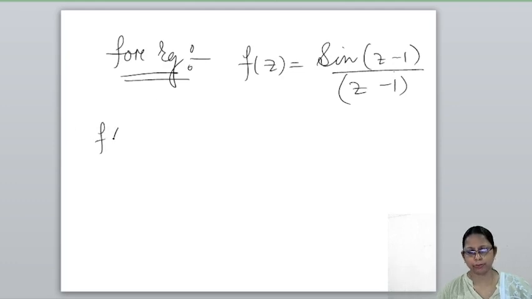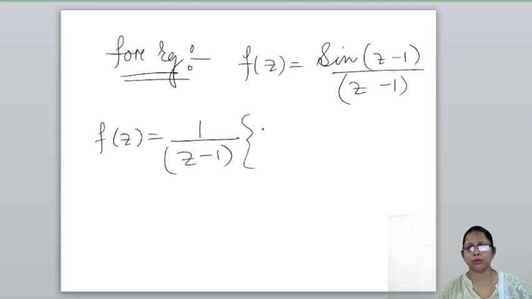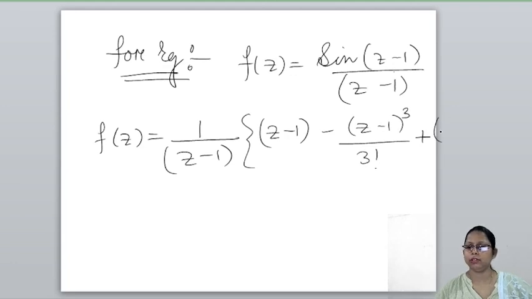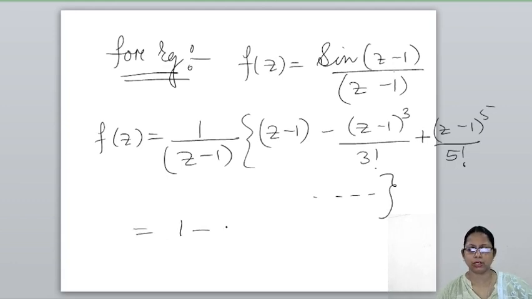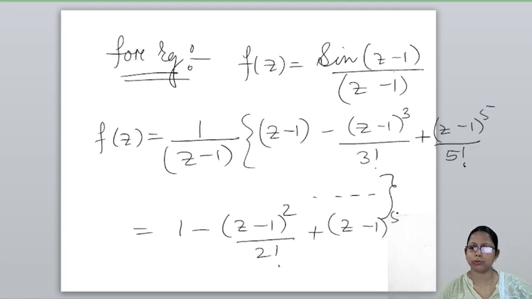But if we expand f(z), using the formula for expansion of sine x, we get 1 by (z minus 1) times [(z minus 1) minus (z minus 1) cube by 3 factorial plus (z minus 1) to the power 5 by 5 factorial and so on]. If I expand this, it is 1 minus (z minus 1) square by 2 factorial plus (z minus 1) to the power 4 by 5 factorial and so on.